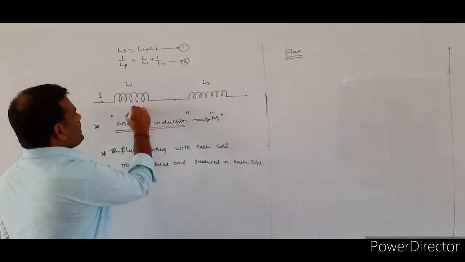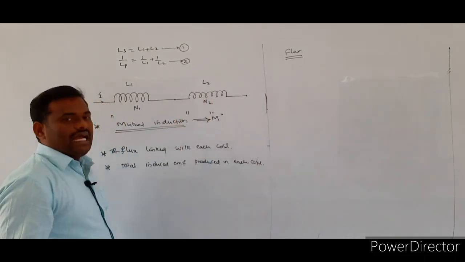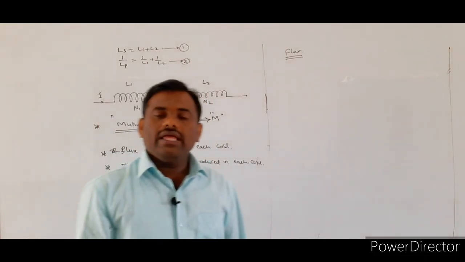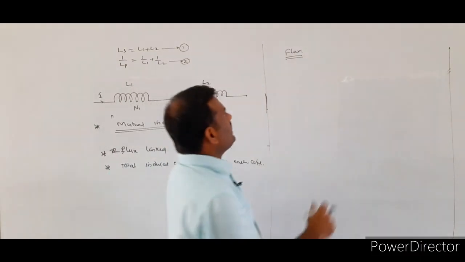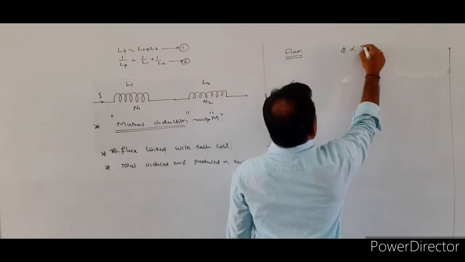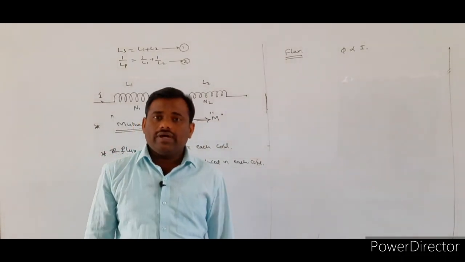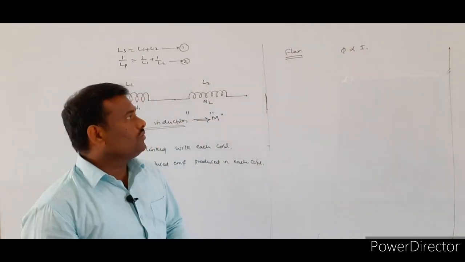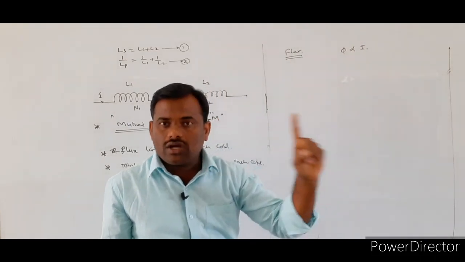So here we are assuming that the first coil consists of N1 turns and the second coil consists of N2 turns. Here we know that the flux produced in the given coil is directly proportional to the amount of current passing through the given coil.